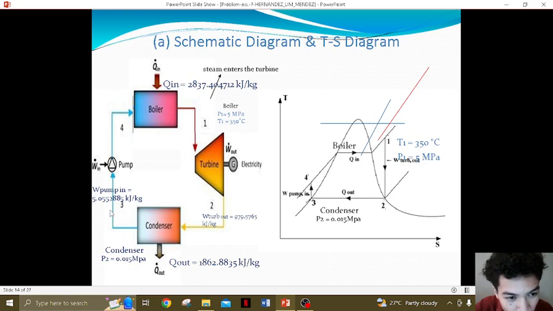Then your work pump in here is 5.055288 kilojoule per kilogram.